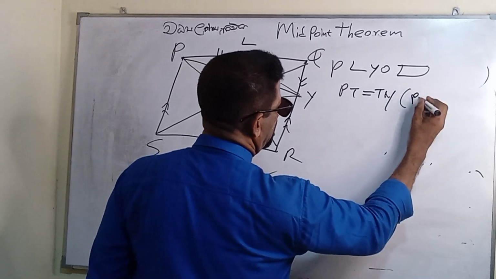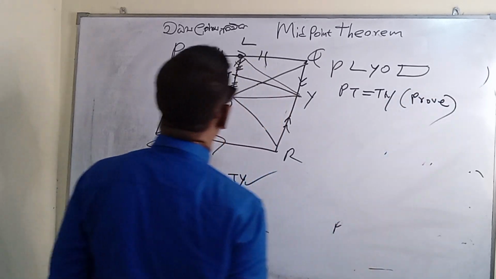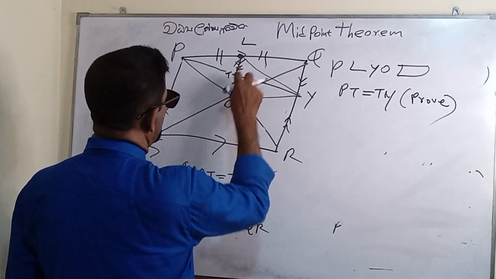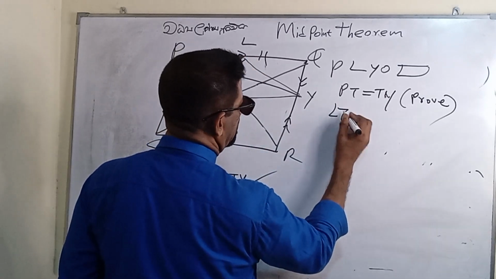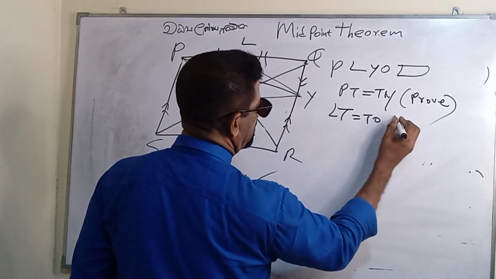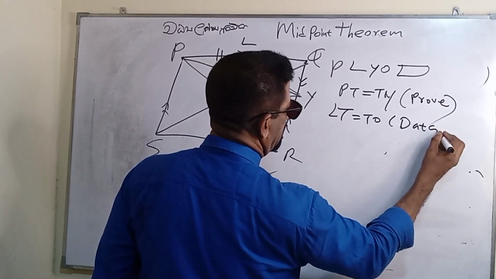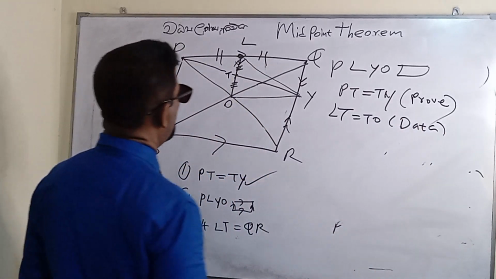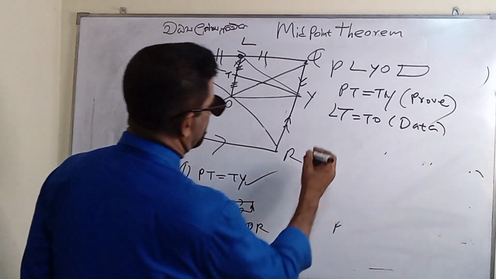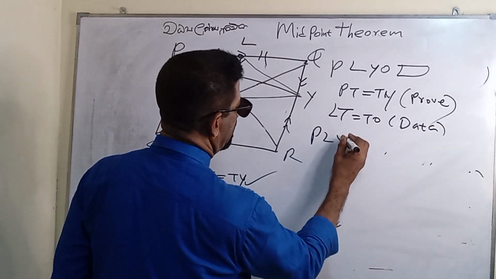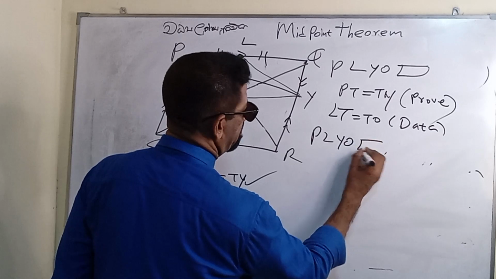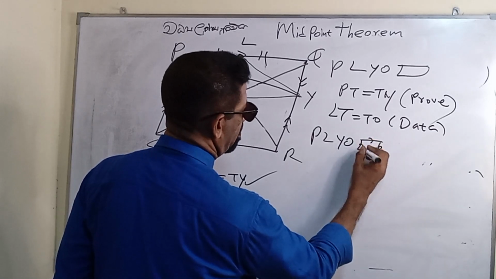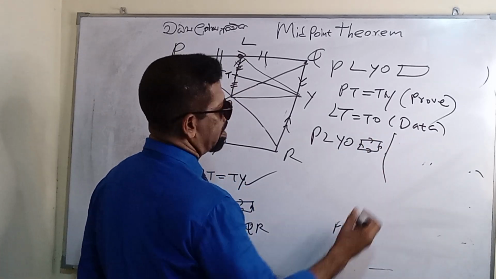And we are given LT equals TO. This is data. Then you can write PLYO is a parallelogram.